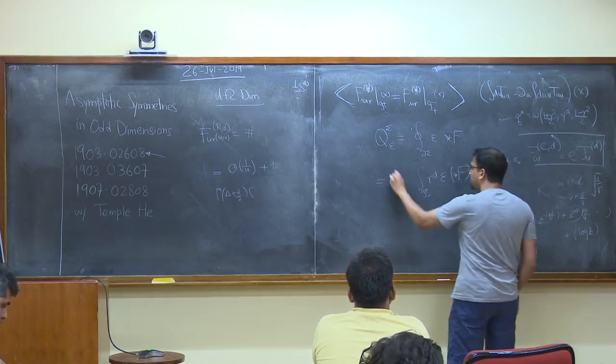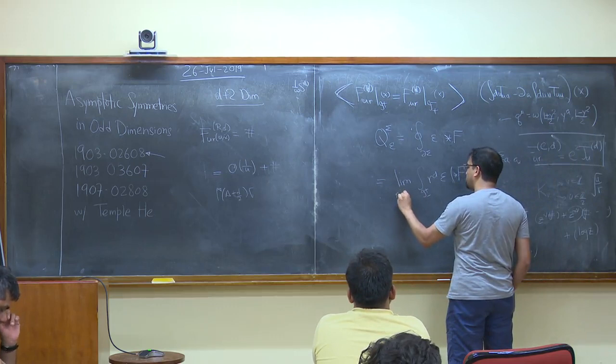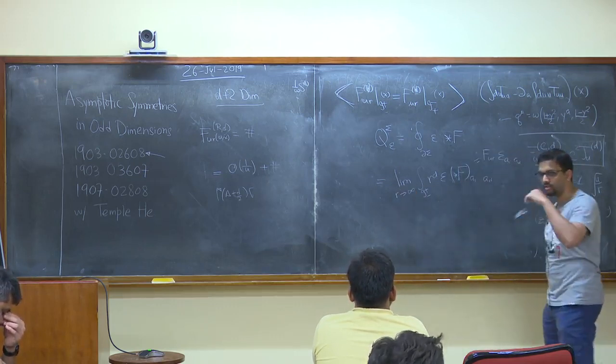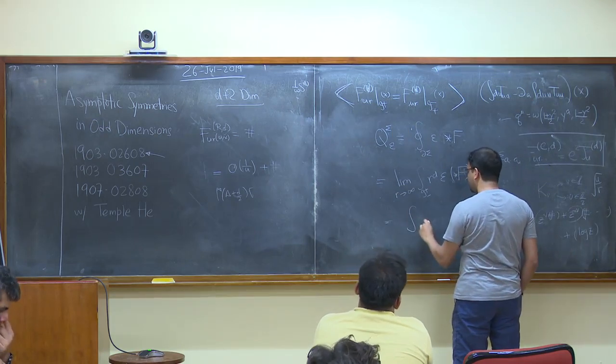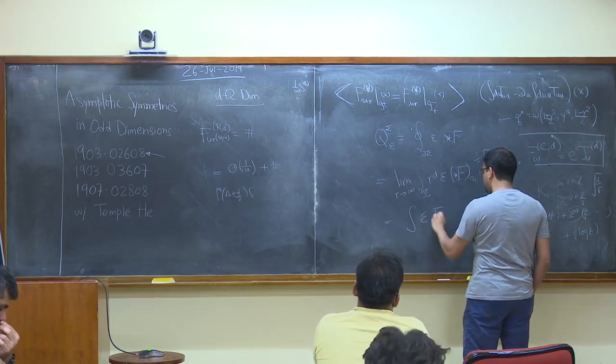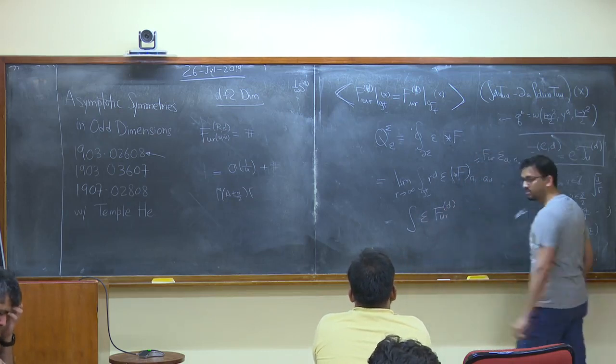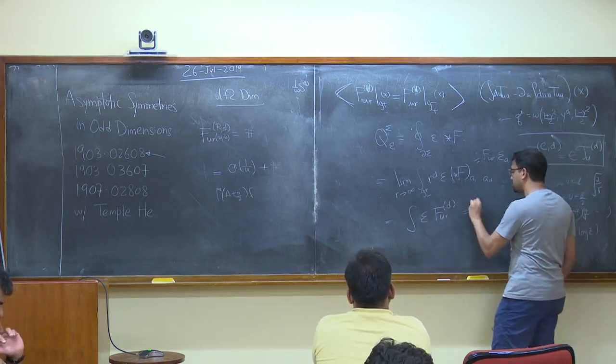And then I need to take the limit r goes to infinity, because the boundary is scri plus minus, and that's exactly that. So this is exactly the integral of epsilon f ur r to the d. So this is the charge on scri plus.